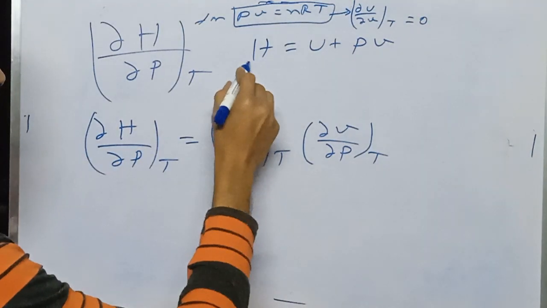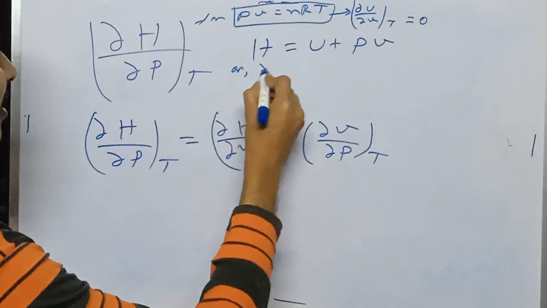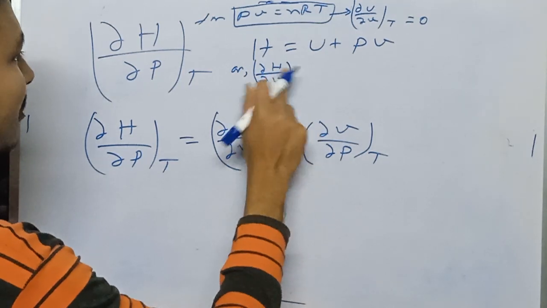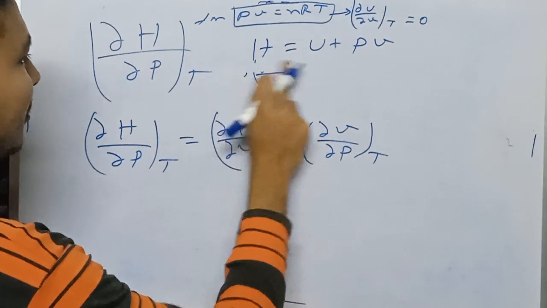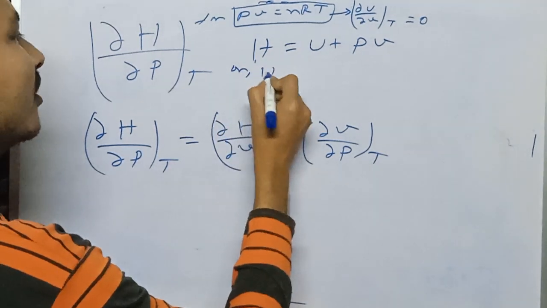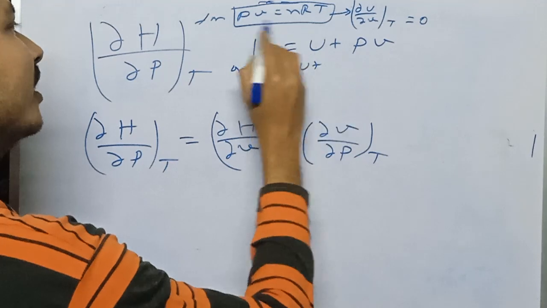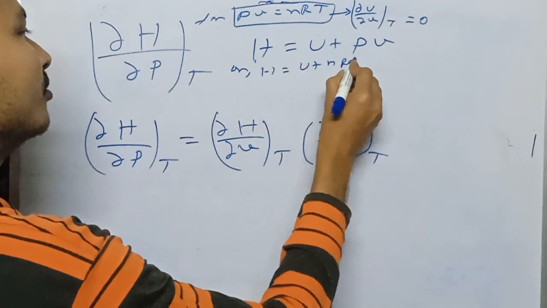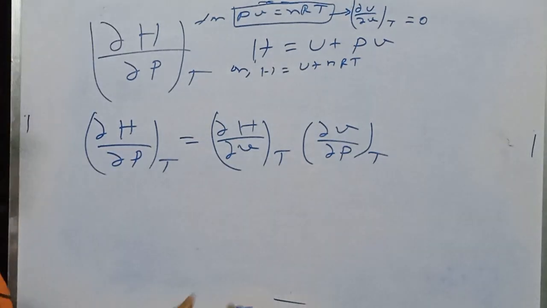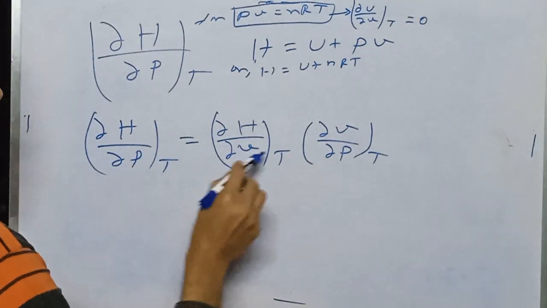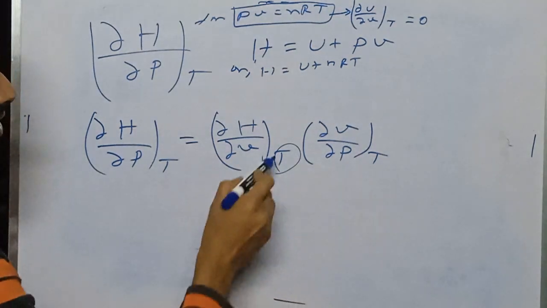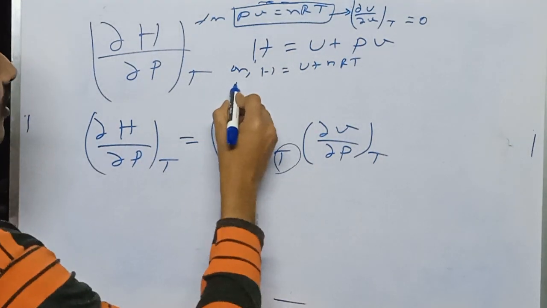Now to obtain ∂H/∂V at constant T, first use PV equal to nRT, so we may write nRT, where n is constant, R is constant, and T is also constant in the differentiation, because T is in the suffix.